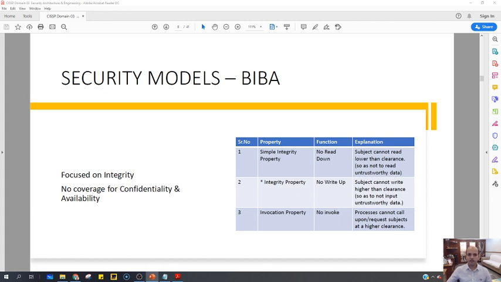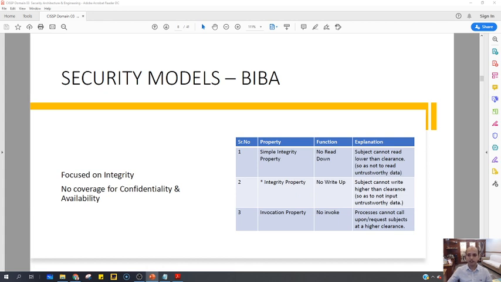It protects internal and external objects consistently, and again there are three properties in this. The three properties are the simple integrity property, the star integrity property, and the invocation property. In the simple integrity property there is no read down. A subject cannot read lower than the clearance level it has been assigned. Then the star integrity property says no write up.